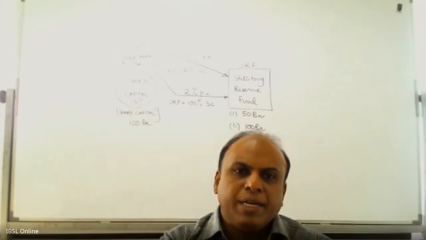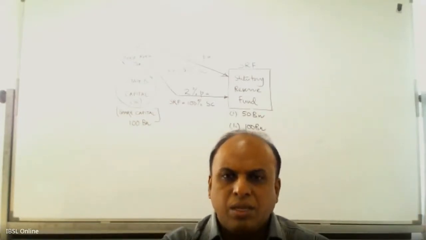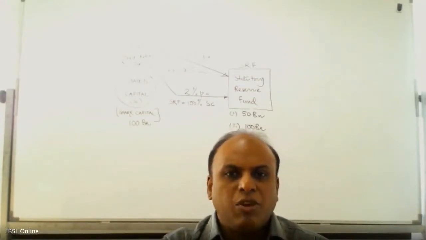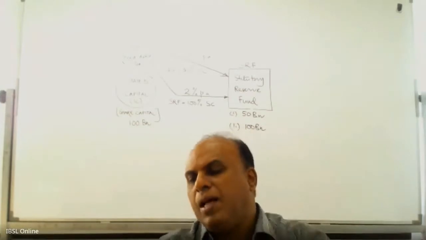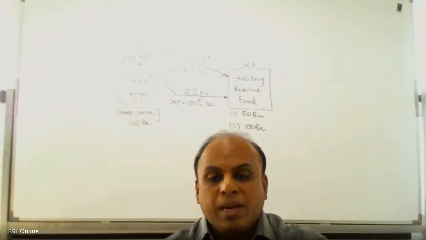So the board of directors is responsible for the preparation and presentation of financial statements of licensed commercial banks. In this regard, the board of directors is required to ensure the following. What are the following? Maintaining of proper accounting records. So banks have to prepare and maintain proper records of their accounting transactions.